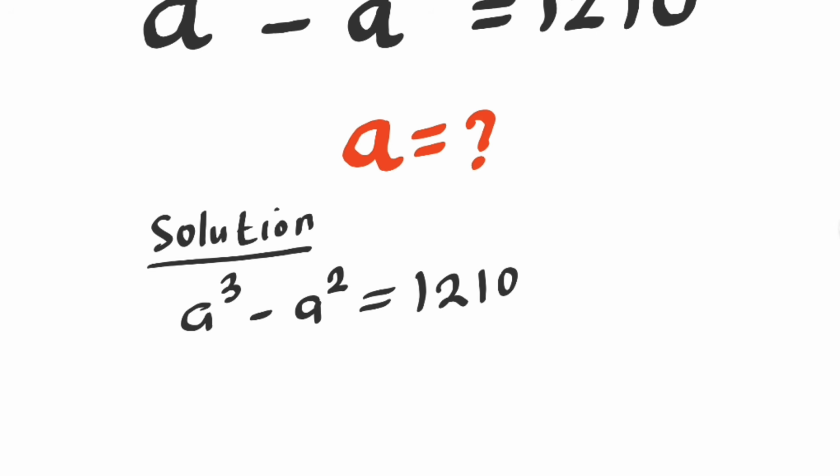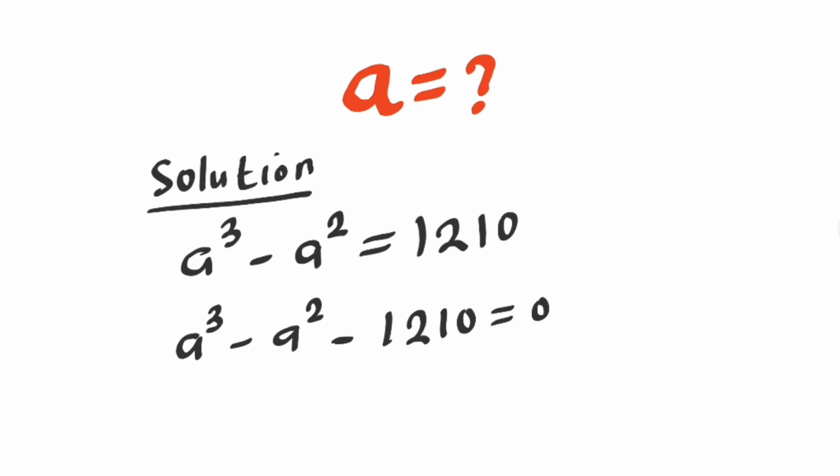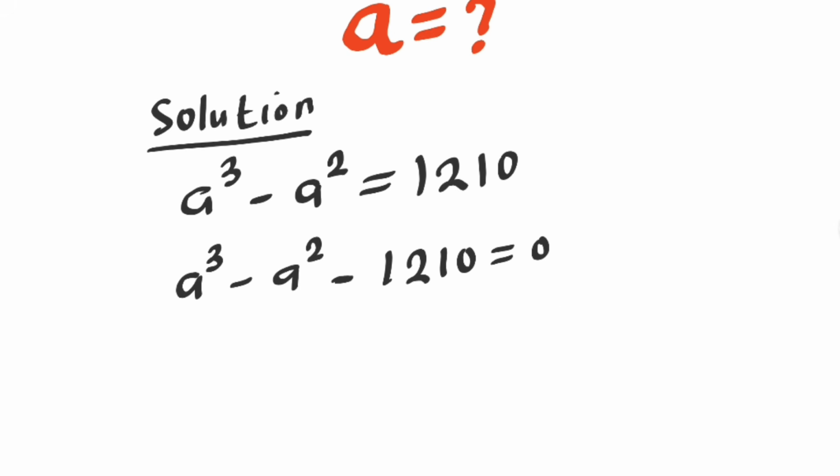This can be written as a raised to power 3 minus a square. If you bring this to this side, it becomes minus 1210 is equal to 0. 1210 is equal to 1331 minus 121.